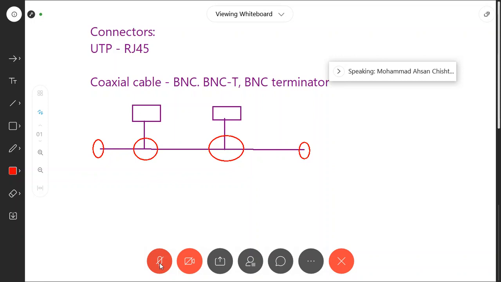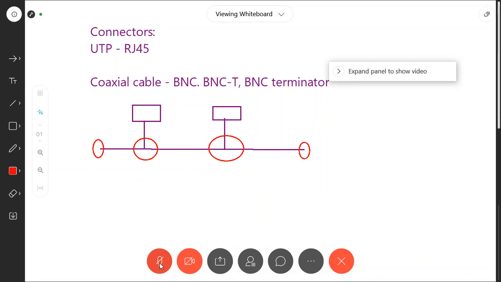Multiplexers, again, this is part of the physical layer. Transceivers and couplers as well. A coupler is defined by the amount of EM power that we have within the line. This is part of the physical layer.